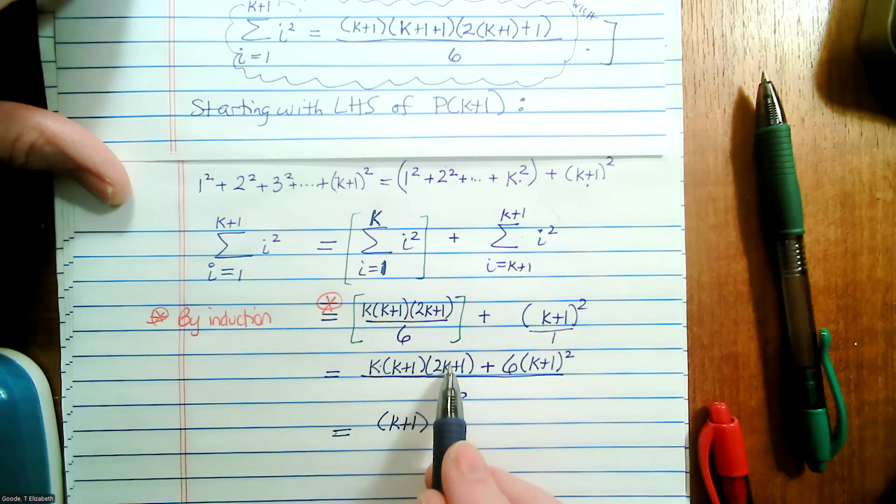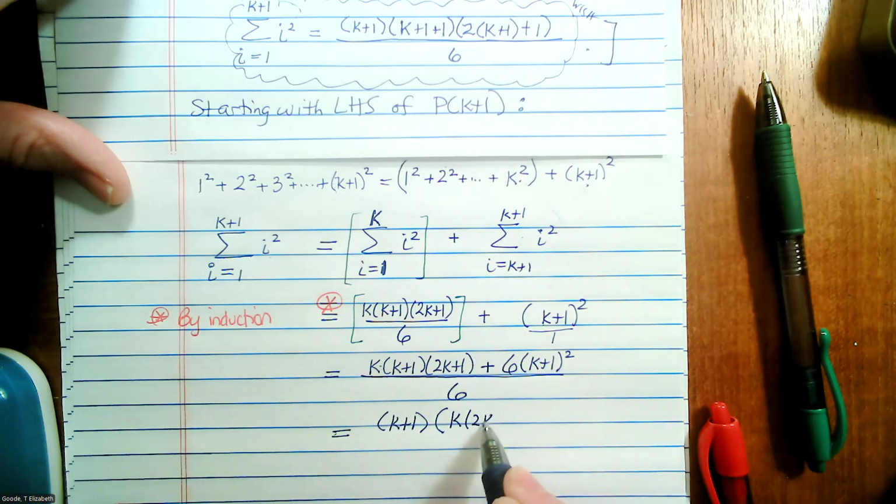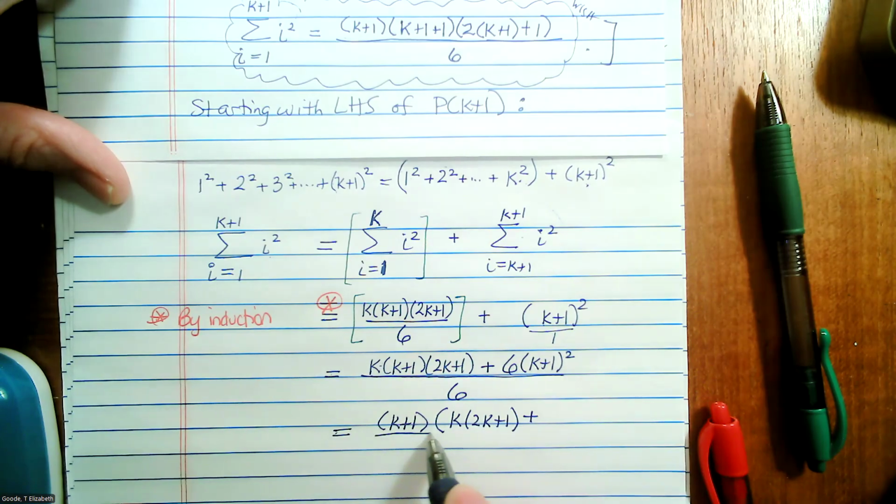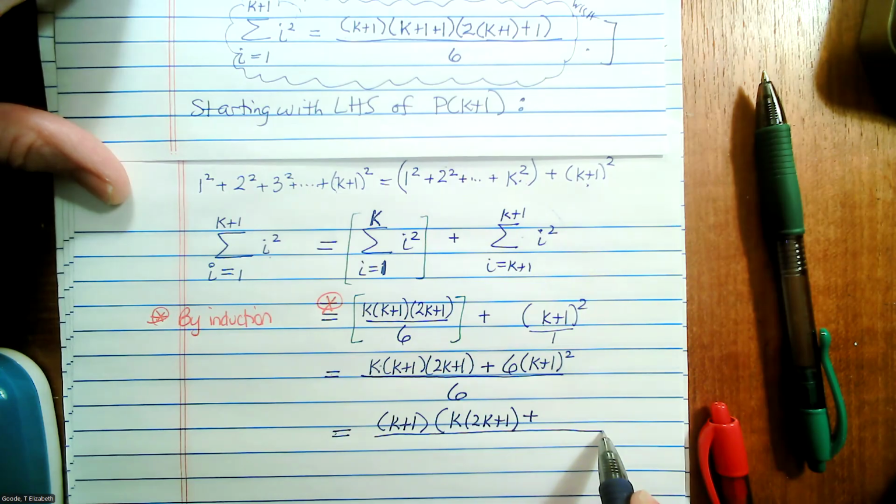All right, so let's see what's left over from the first term. k times 2k plus 1 is what's left. You agree? Now, what's left from the second term after we factor out the k plus 1? k plus 1.